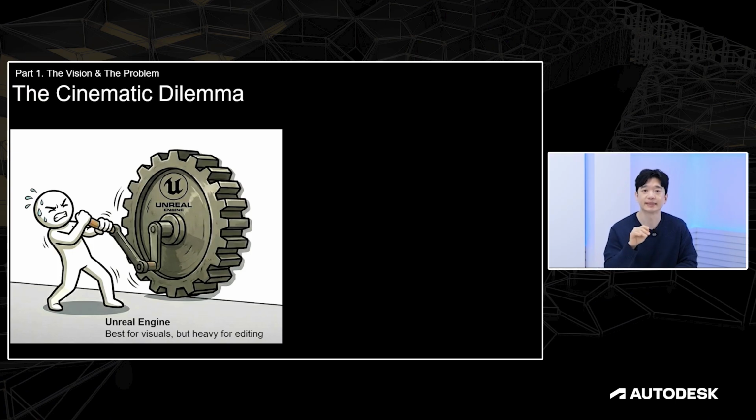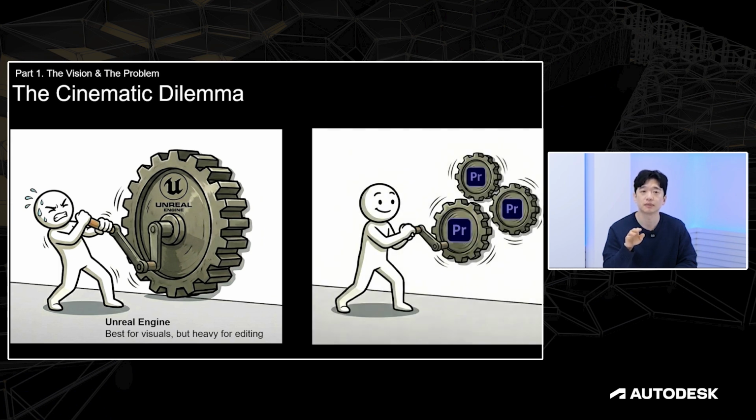The problem is that a new engine is simply too heavy for the kind of critical design work. Creating and adjusting soundtrack timing while testing shot rhythm inside Unreal was almost impossible. So we made a decision.